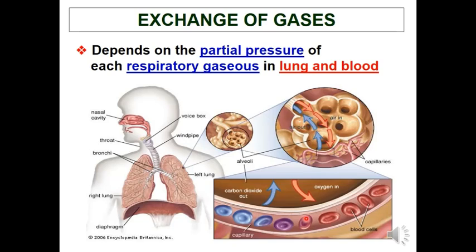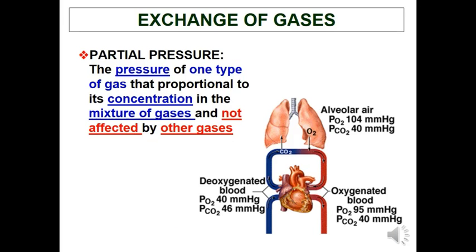Gas exchange occurs by diffusion, so it follows the concentration gradient, from high concentration or high partial pressure to lower partial pressure. Partial pressure is the pressure of one type of gas, for example oxygen, that is proportional to its concentration in the mixture of gases and not affected by other gases.